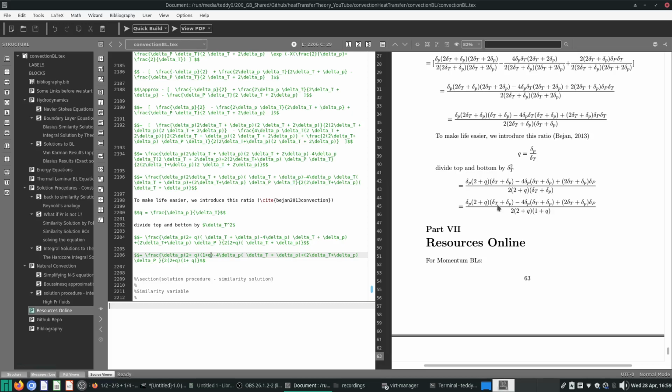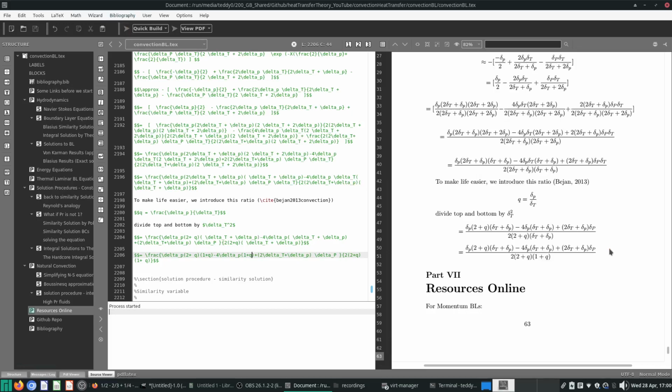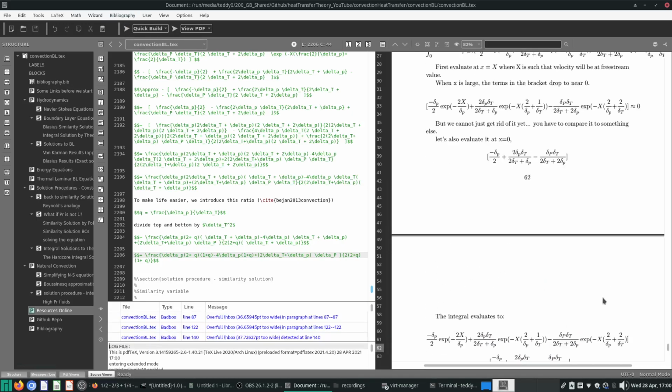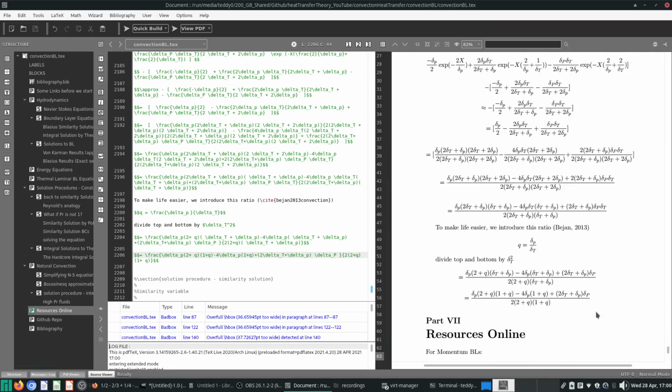So this becomes 1 plus q, this becomes 1 plus q. Then the last one will be this 2 delta t plus q, which will become 2 plus q.